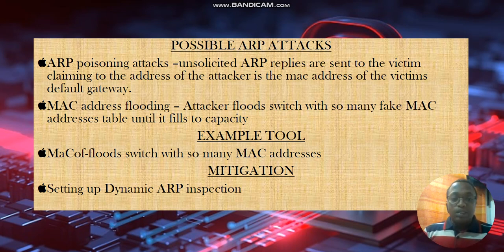A mitigation technique for such attacks is setting up dynamic ARP inspection, where you specify what MAC addresses you want to be resolved. You say you have 5 MAC addresses, and you want to only resolve these 5 MAC addresses.